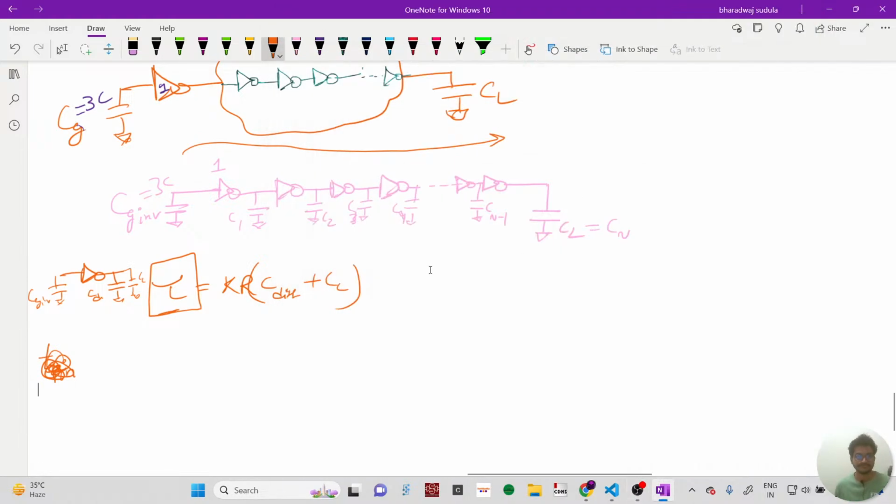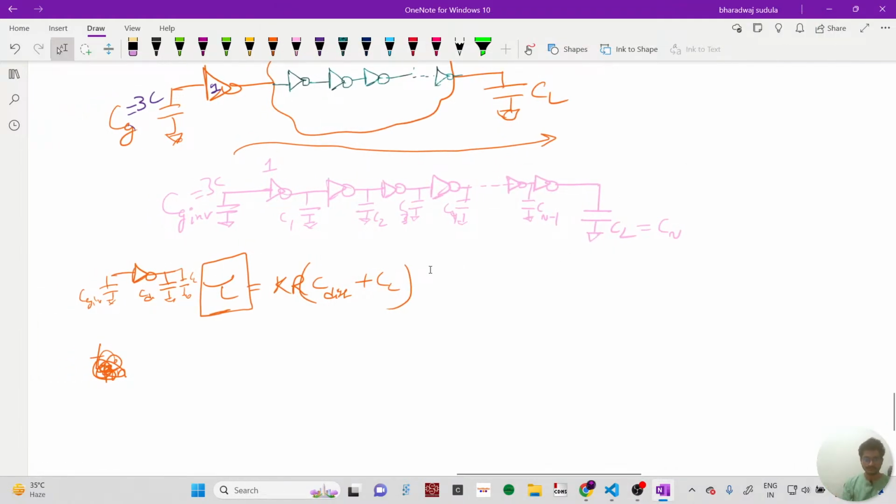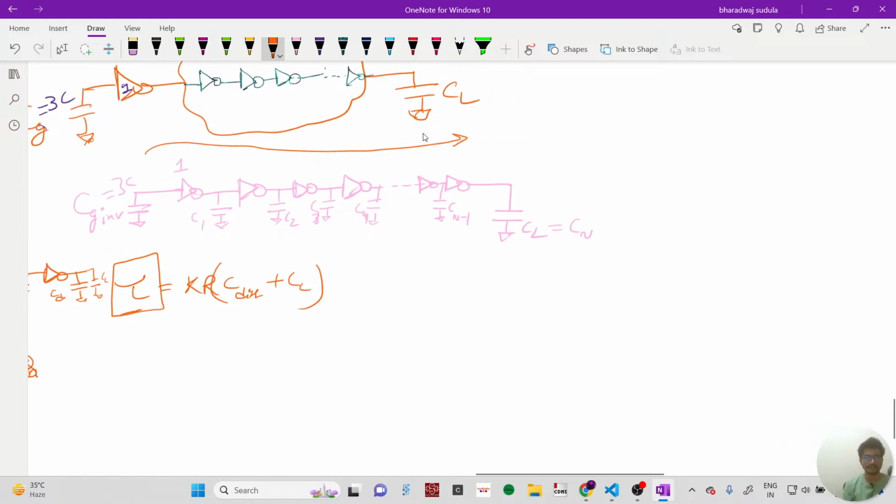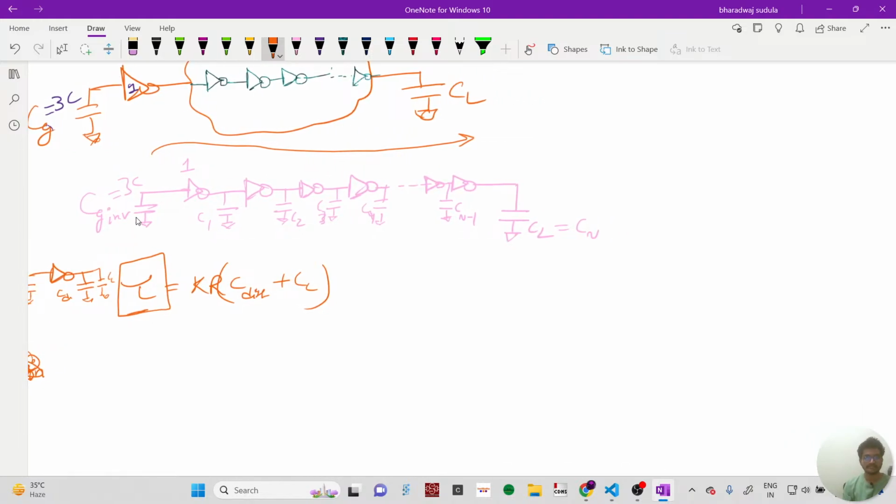Okay, so yeah, we don't have a single inverter, we have a chain of inverters, right? So I need to consider all the propagation delays of each and every inverter.